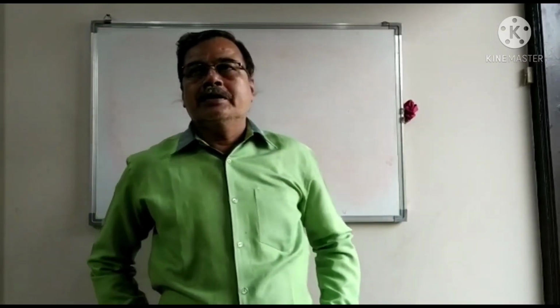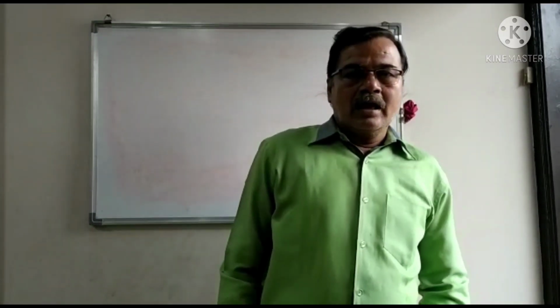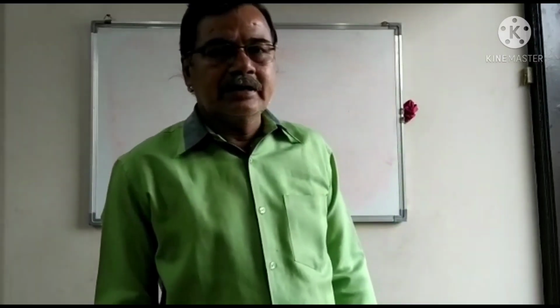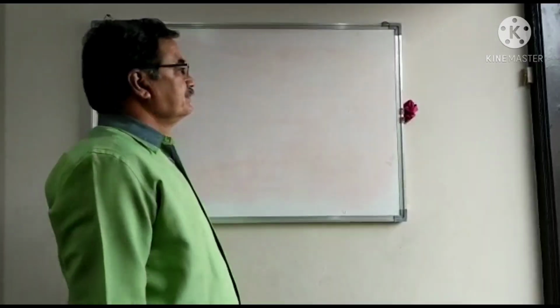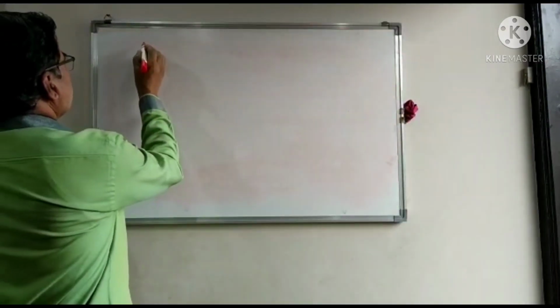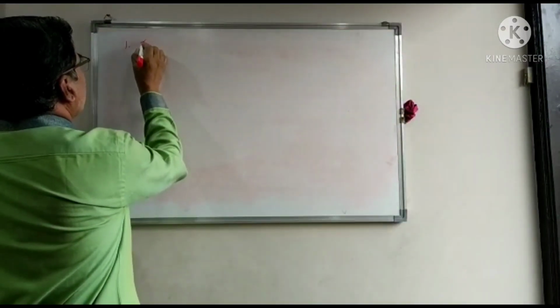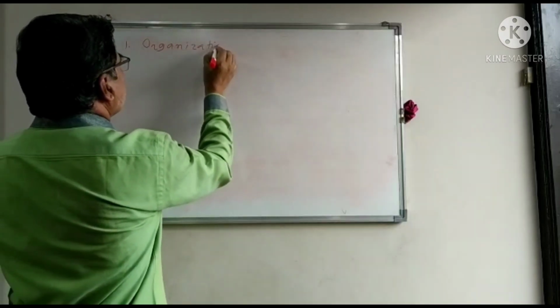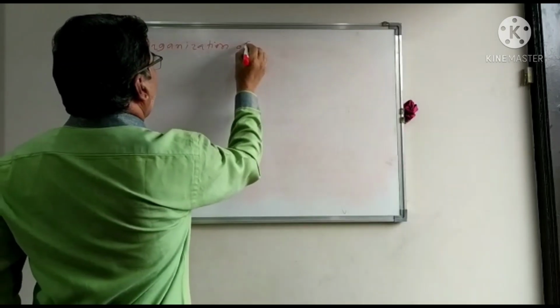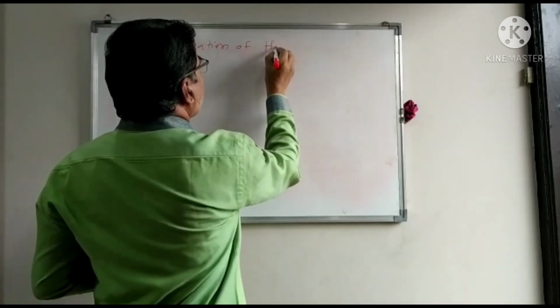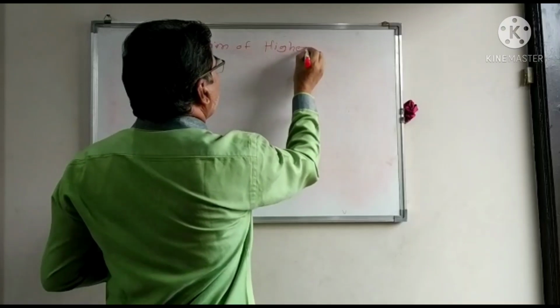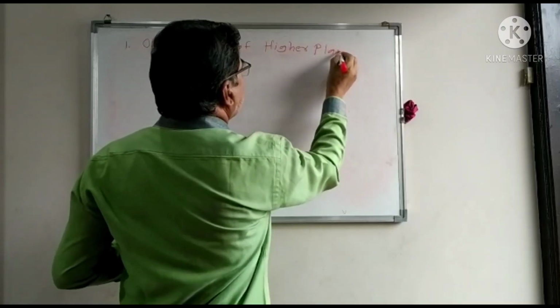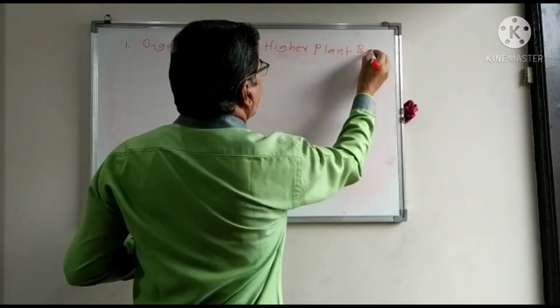There are 4 units, and these 4 units include the first topic, that is the organization of higher plant body.